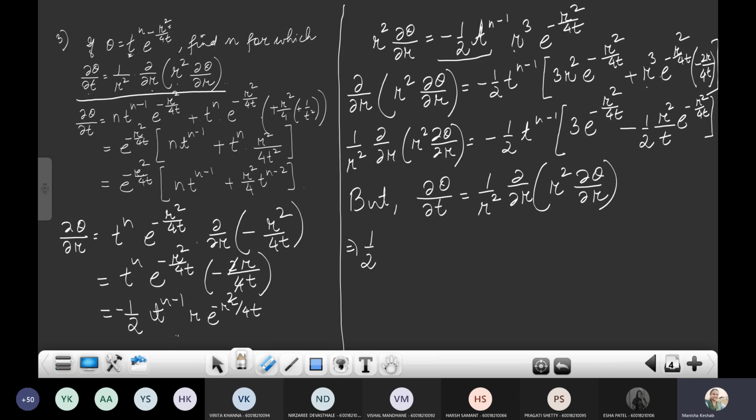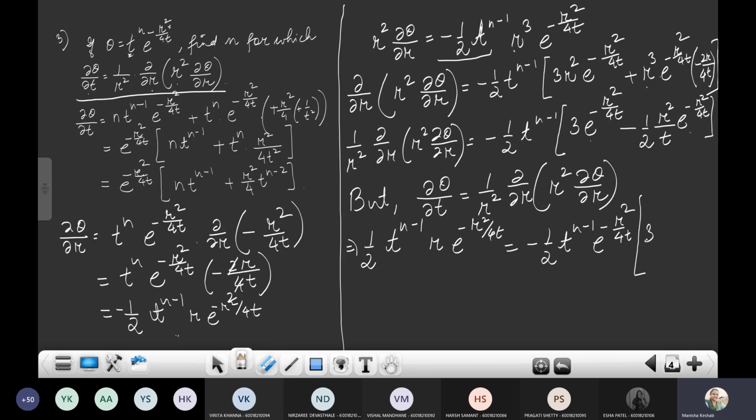So half into t power n minus 1 r e power minus r square by 4t, which is equal to, now from here, minus half t power n minus 1 into, now you can see from this and this e power minus r square by 4t we can take common.